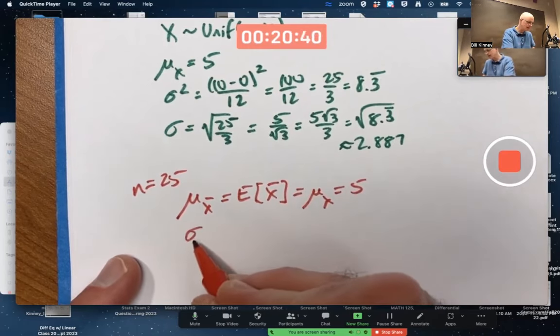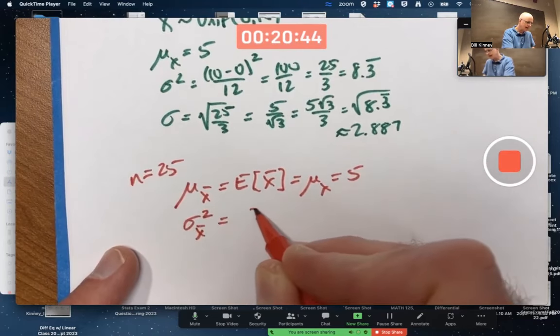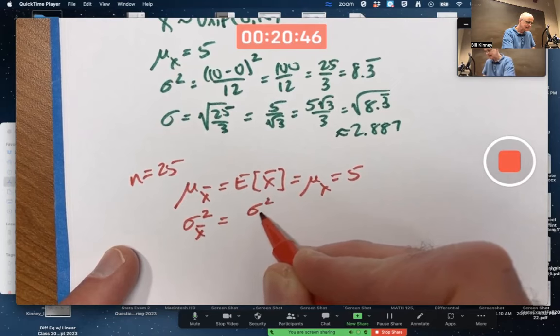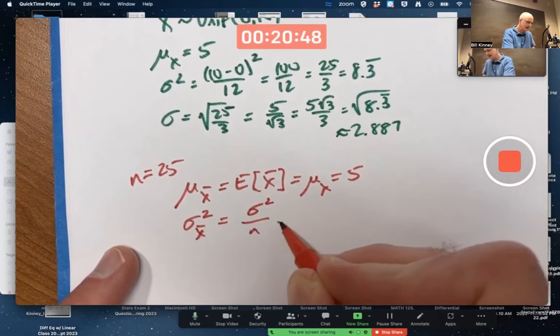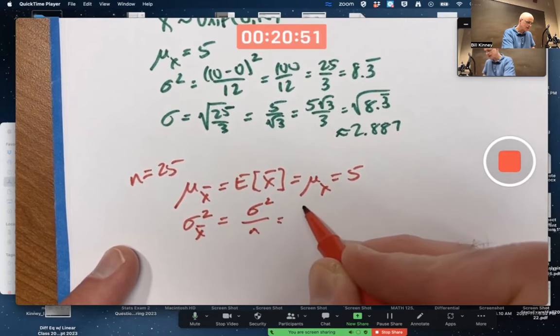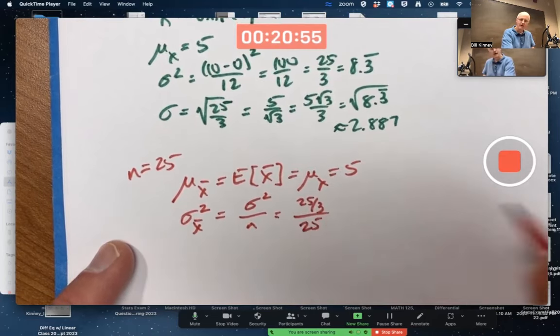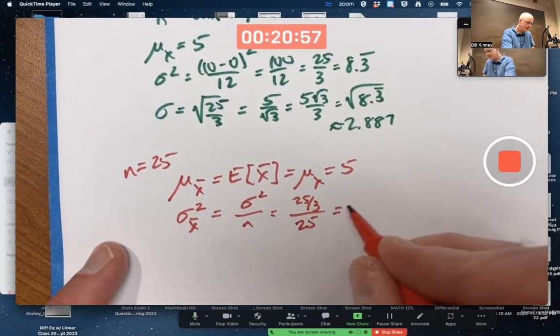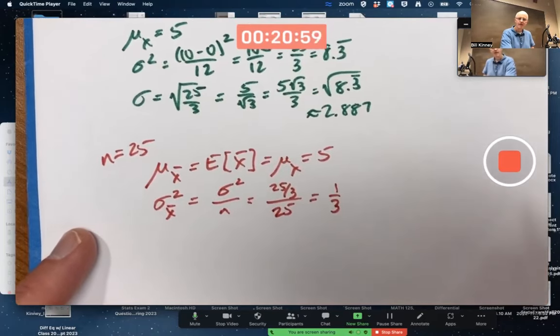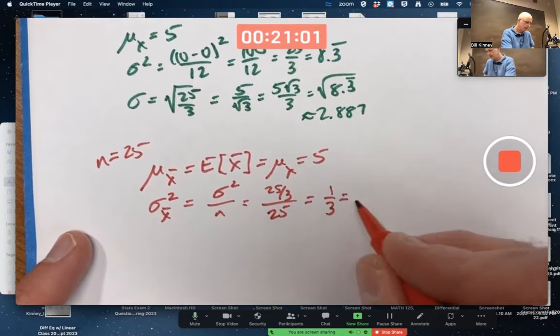What's the variance of X bar? It's the variance of X divided by n. 25 thirds divided by 25. How about that? That simplifies to 1/3. 0.3 repeating.